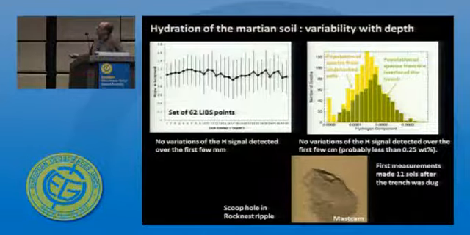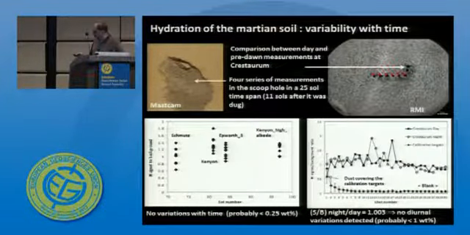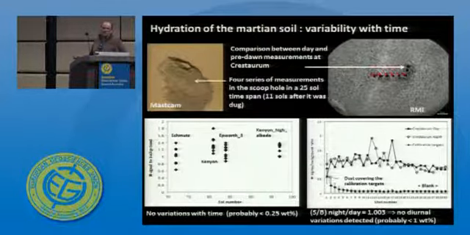And when we do histograms on the population of spectra from the undisturbed surface soil and from the area of the trench, we don't see any significant difference in the hydrogen content. So this is for depth. And as already shown by Susan, we had a day-night observation, and also on the same trench, the data were acquired 11 sols apart, and we don't see any variation in time.